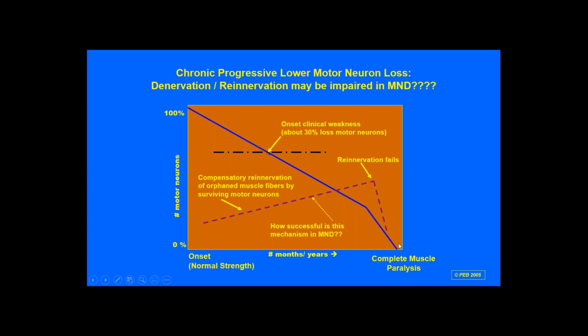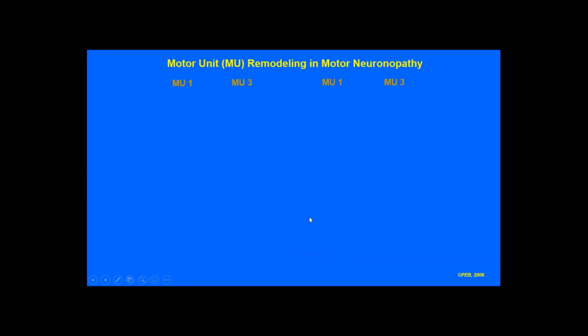And we see this in ALS in all of the muscles all of the time. And the key question is how successful and why is it successful or not successful in motor neuron disease.